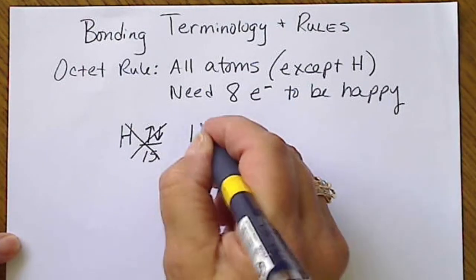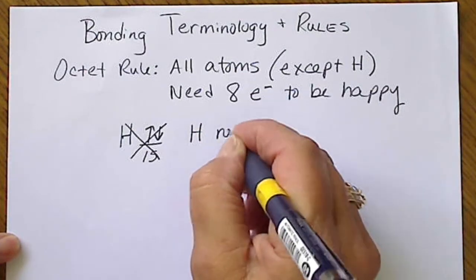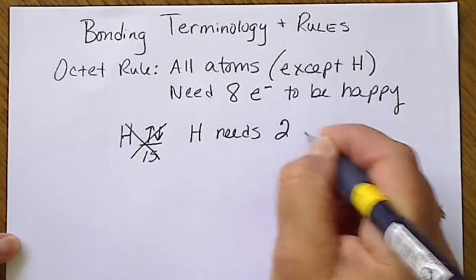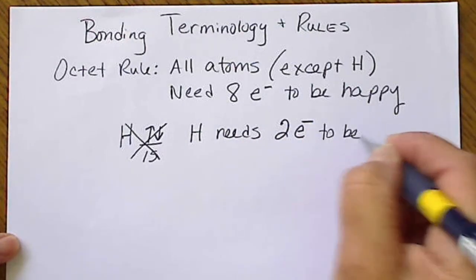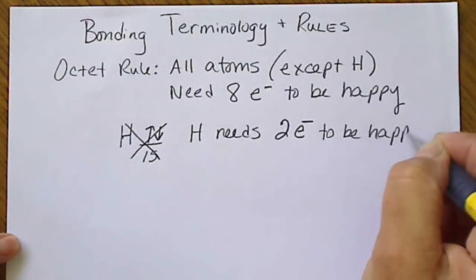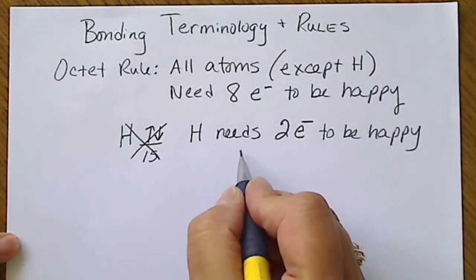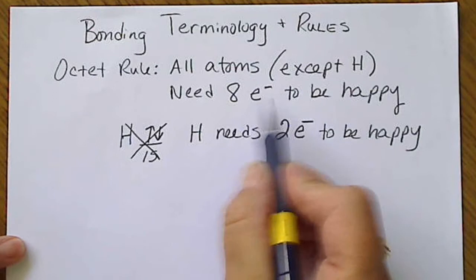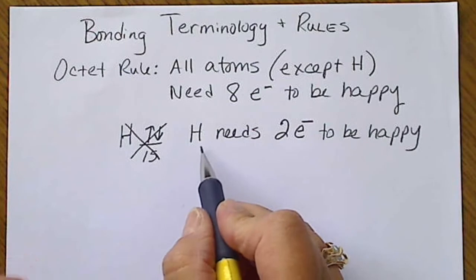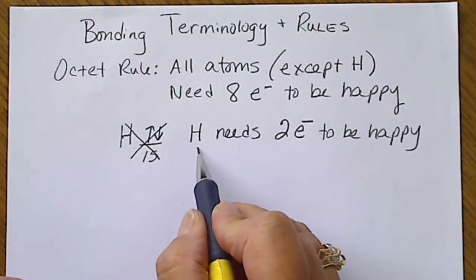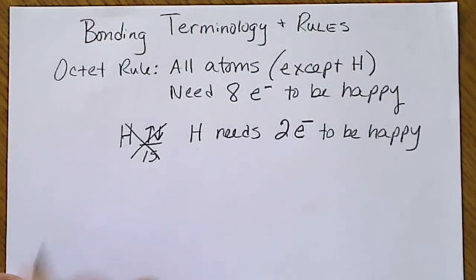But hydrogen needs 2 electrons around it to be happy. So hydrogen would like to look like helium, and every other atom would like to look like the noble gas configuration. So again, if we are looking at a molecule, we're going to have to treat hydrogen separately.